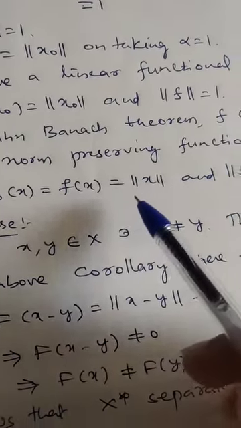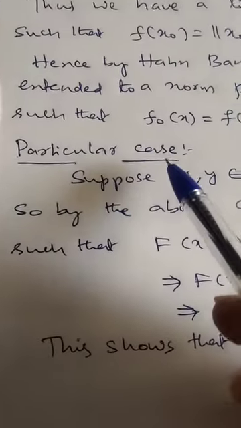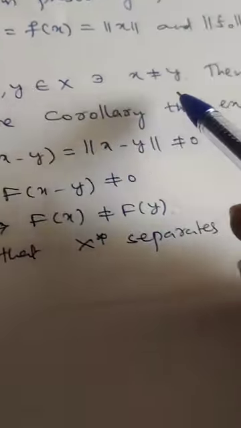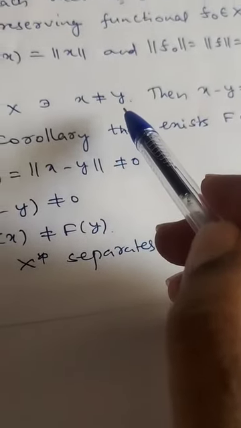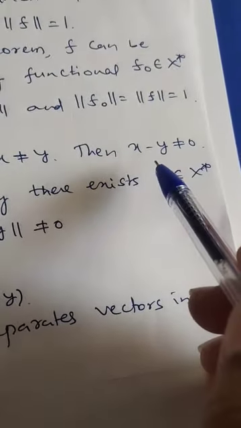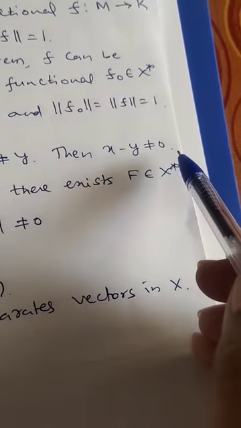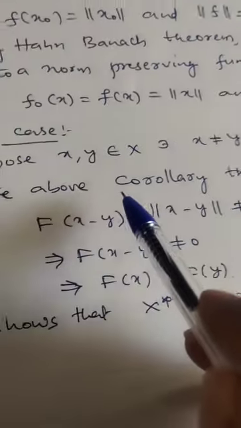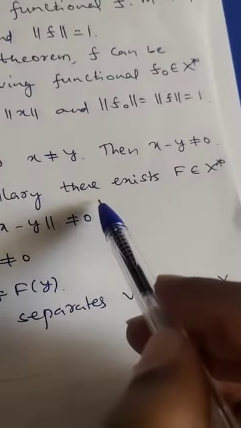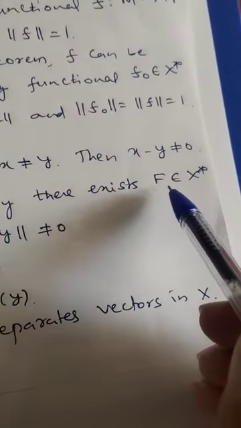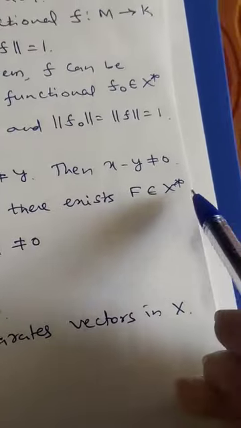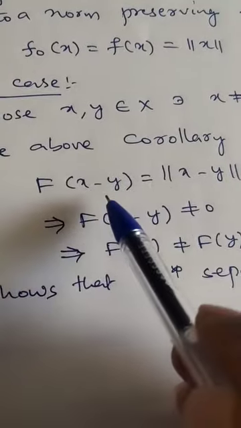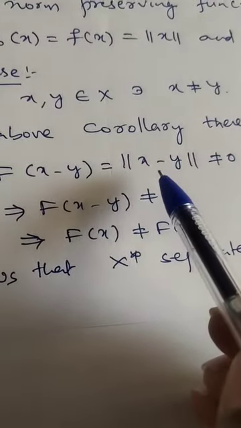Okay, the next condition: particularly suppose x and y belong to X such that x is not equal to y. If x is not equal to y, then what will happen? x minus y is a non-zero vector. Then again by the above corollary, there exists a functional f belongs to X star such that f of x minus y is norm of x minus y.